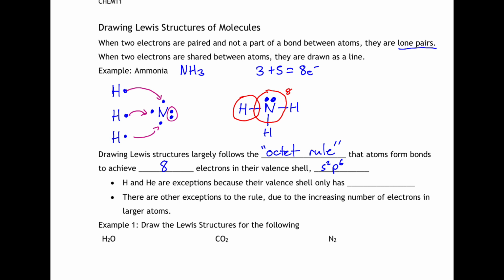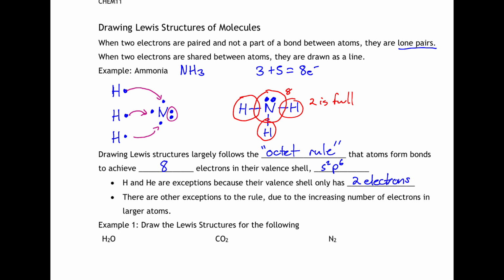So for hydrogen having 2, that's a happy hydrogen, right? Nitrogen having 8, that's a happy nitrogen.